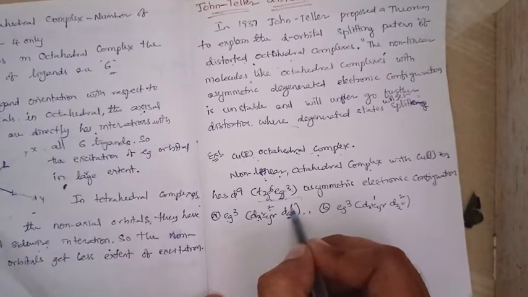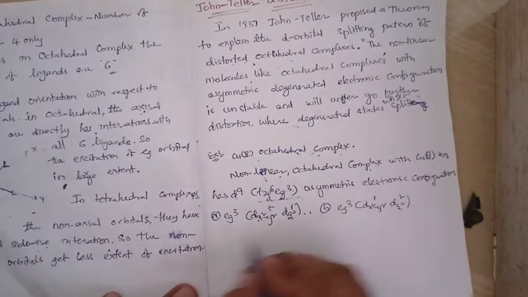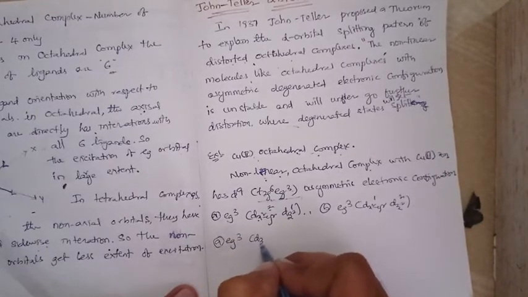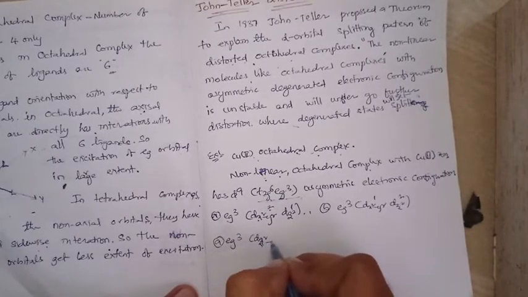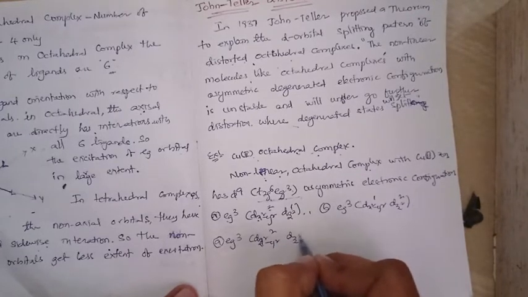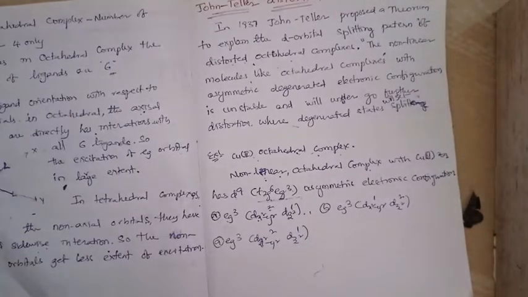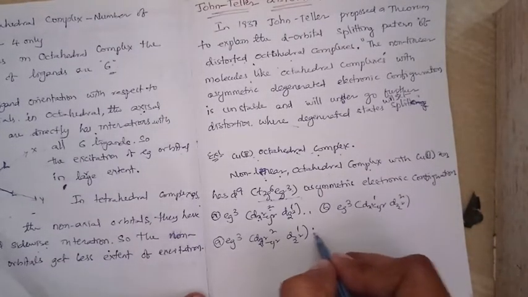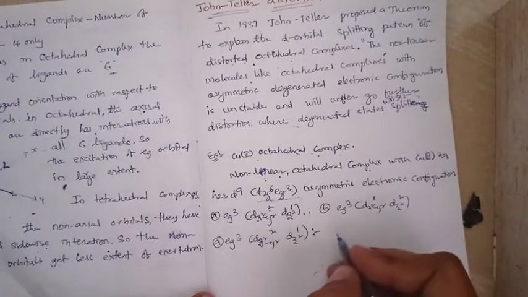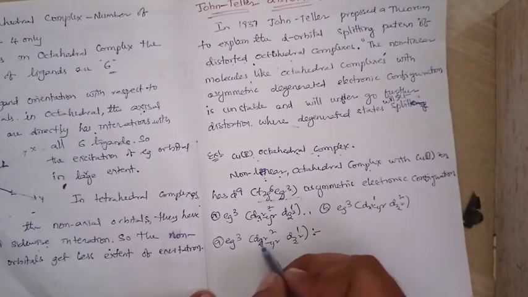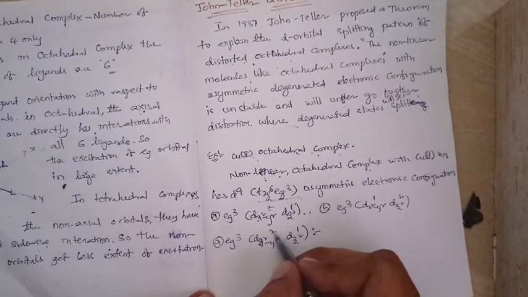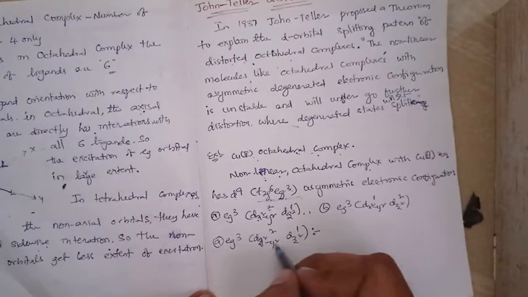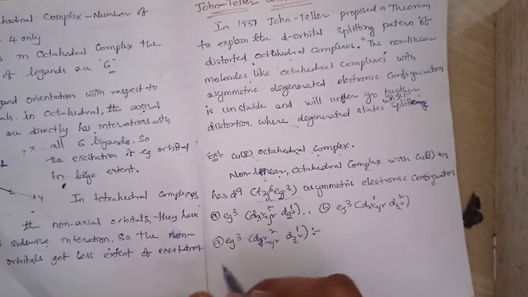What happens here is that in the octahedral complex, the dx square minus y square orbital has lobes along the coordination axes.